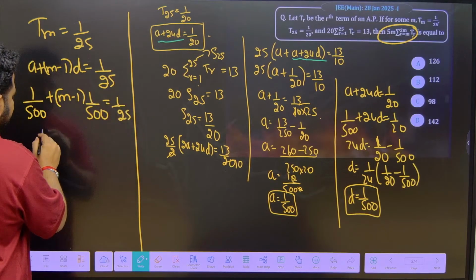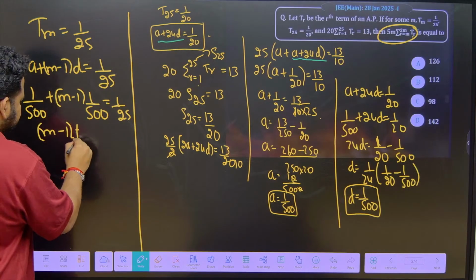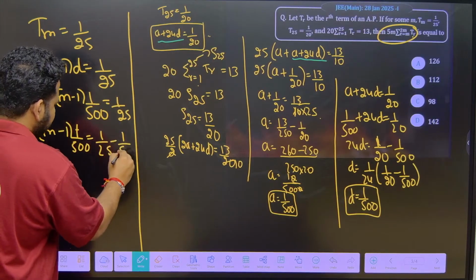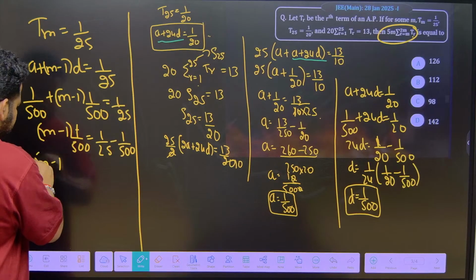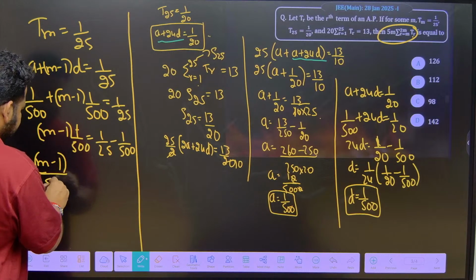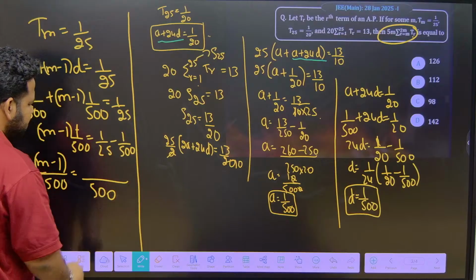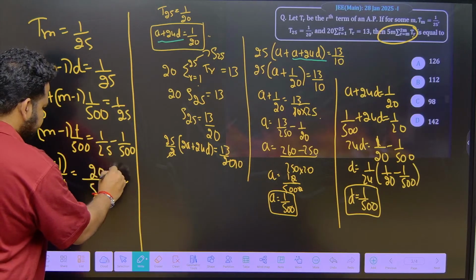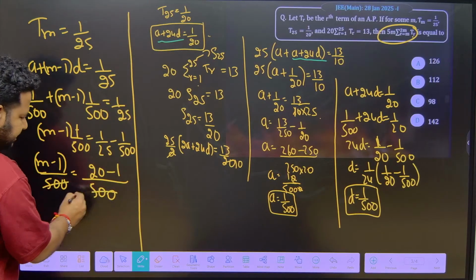Right. So if I send it that side, (M minus 1) into 1 by 500 is equal to 1 by 25 minus 1 by 500. So M minus 1 divided by 500 is equal to, the LCM is 500 itself, so this will be 20 minus 1 over 500. 500 I can cancel.